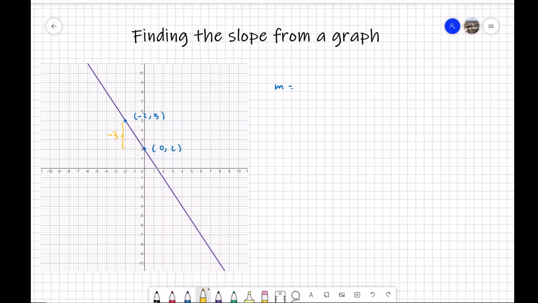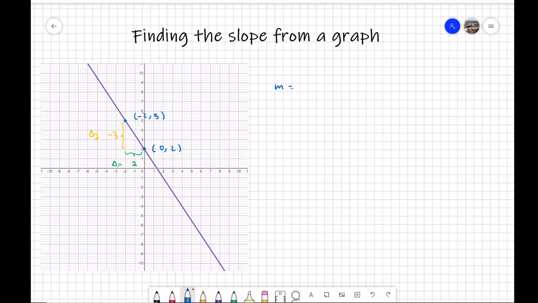So in this case we're moving 3 down, which means we have a negative number, and that's our change in y. Now we moved 2 positions to the right, and since we moved to the right, it's a positive number, and that's our change in x.